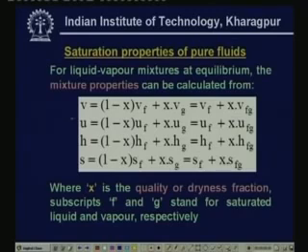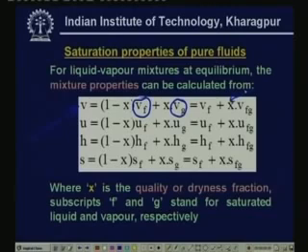For example, this equation gives the specific volume of a two phase mixture in terms of the saturated liquid specific volume and the saturated vapor specific volume, and x here is nothing but your dryness fraction or quality.